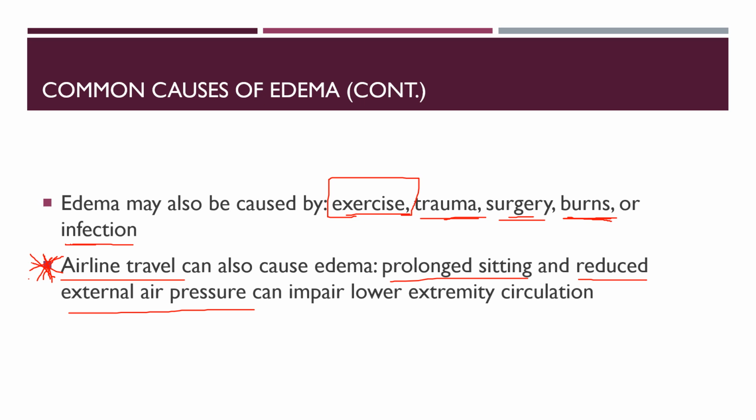So if somebody goes on a vacation and they're traveling for long periods of time, and they have lots of edema in their legs, that may be something that you would like to educate your patient on and say, well, these are the signs of a DVT. Not saying that just airline travel and edema is a DVT, but here is what you need to look out for.